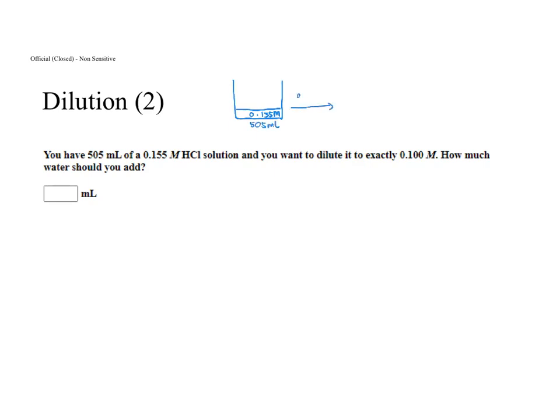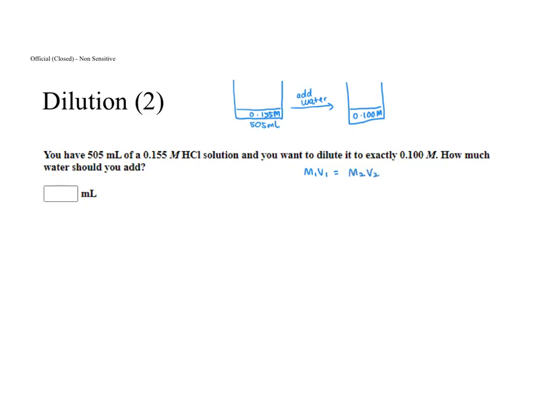What you need to do is to add enough water so that you have a final concentration of 0.100 molar. Okay, so similar to the previous question, for dilution questions, you can use M1V1 equals M2V2.